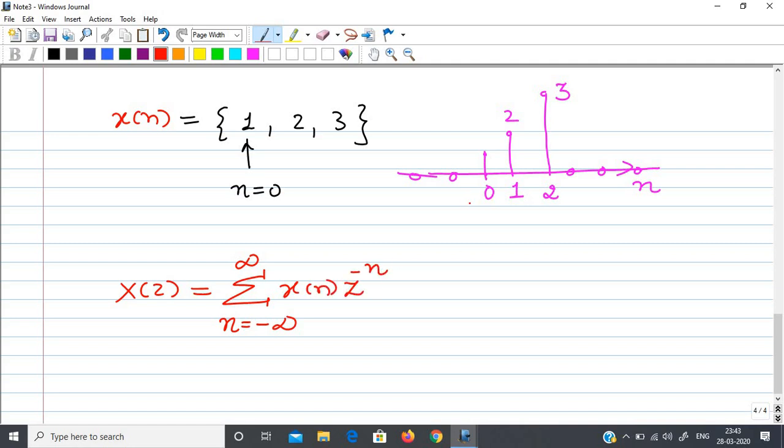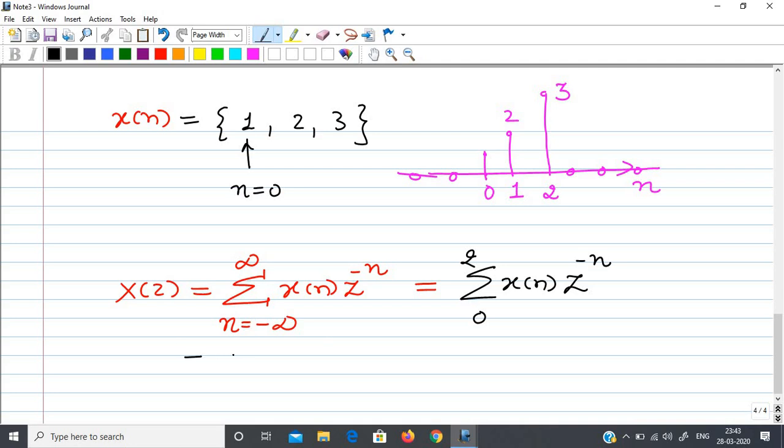Now, since the sequence is non-zero only between 0 and 2, this summation boils down to the following. The limits would now be between 0 and 2, because elsewhere x of n is 0.